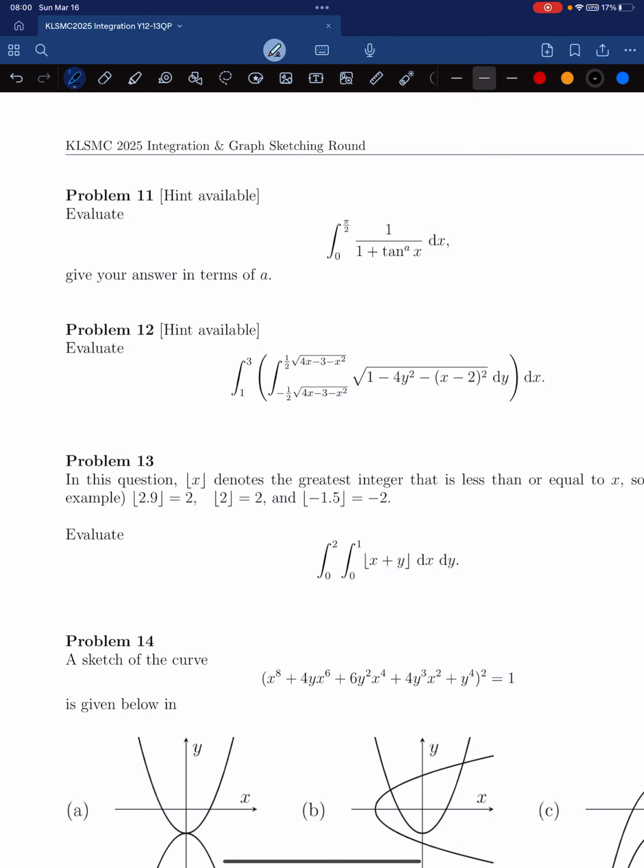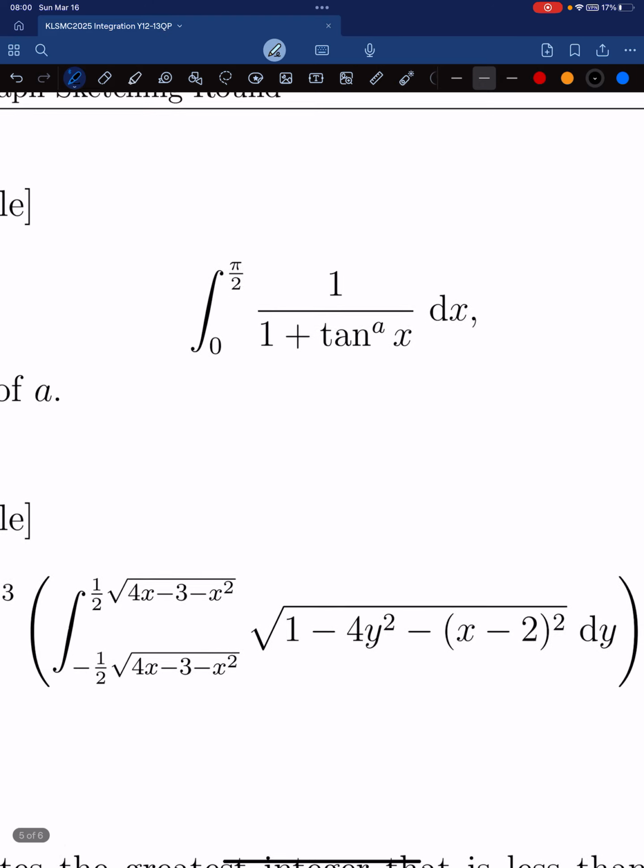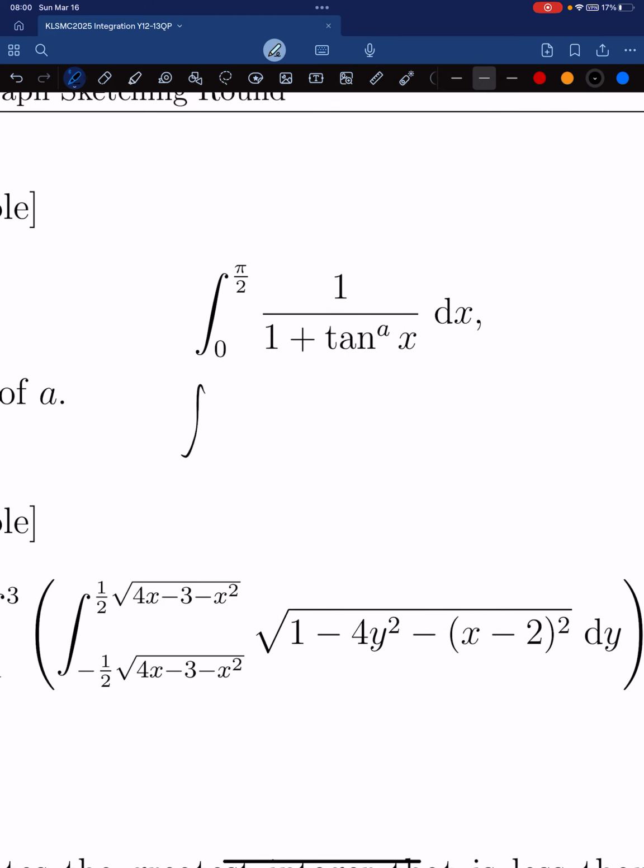Right, problem 11. It's a trick question. So what I want you to consider is the integration from 0 to pi over 2 of 1 over (1 plus cotangent x to the power of a) dx. Recall the graph for our cotangent looks something like this.